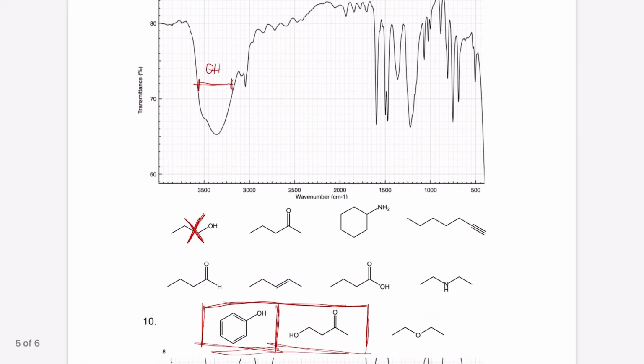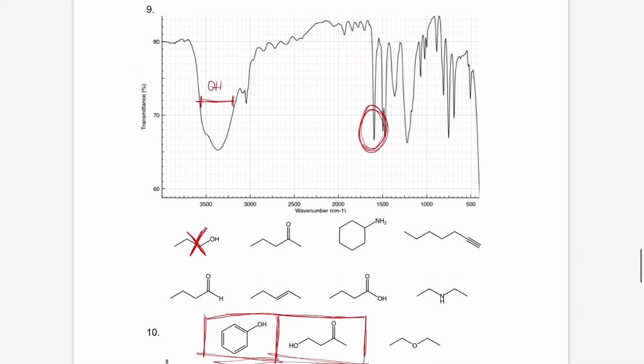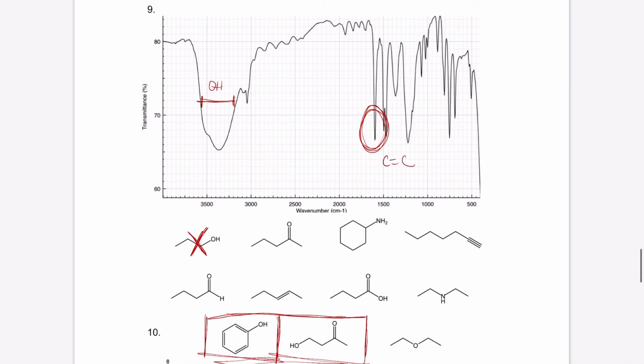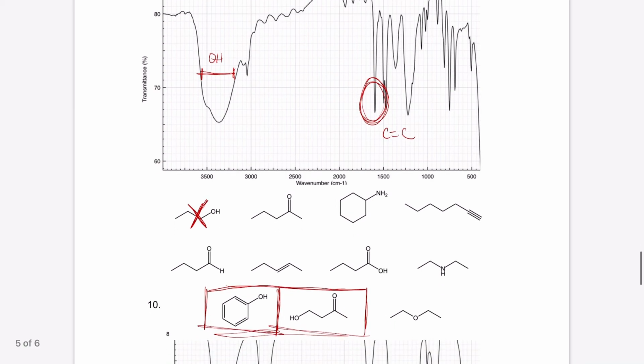So we know that we would see aromatic carbon-carbon double bond stretching around 1600. And this lets me know right here that this is a carbon-carbon double bond, so it has to be our aromatic.